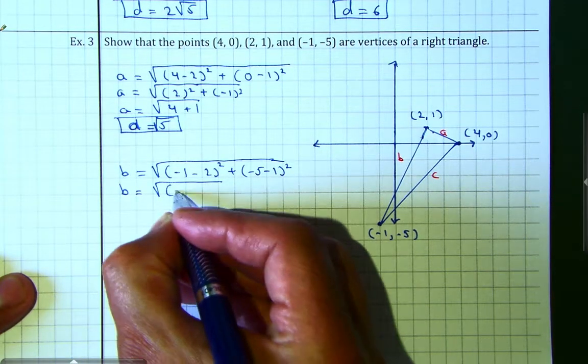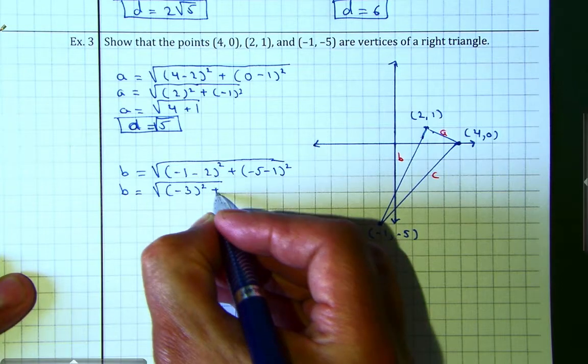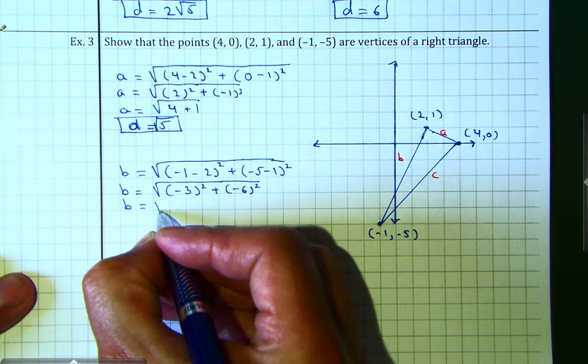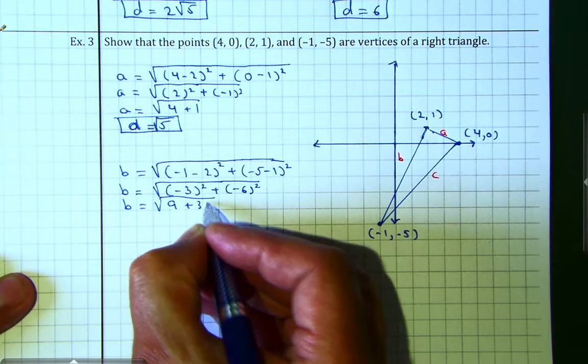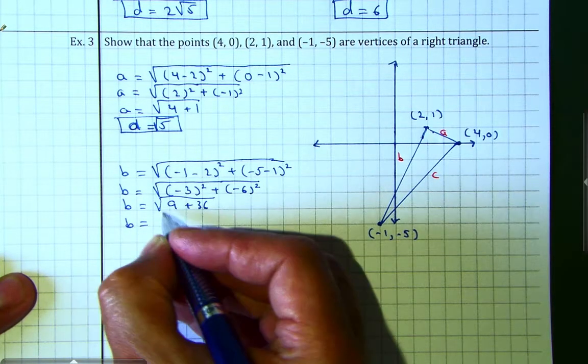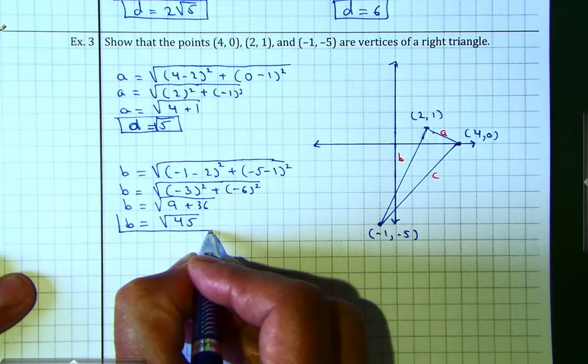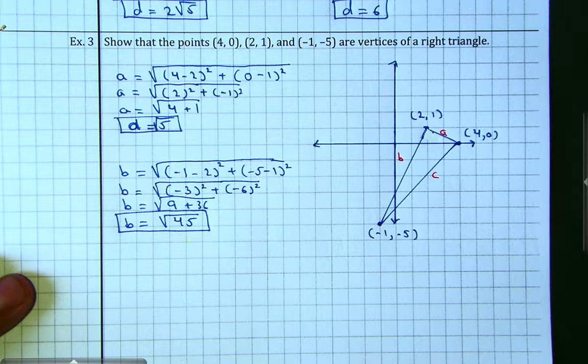That gives me negative 3 squared plus negative 6 squared, 9 plus 36, and this will be the square root of 45. Now I can simplify it, but I'm going to leave it as that because it will make it much easier once I use my Pythagorean theorem.